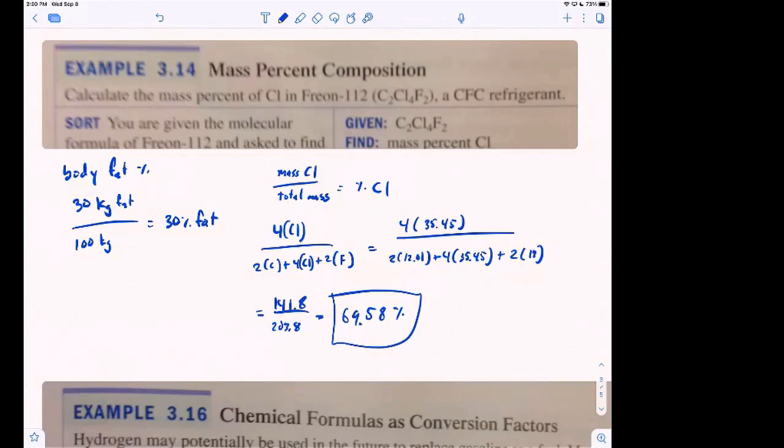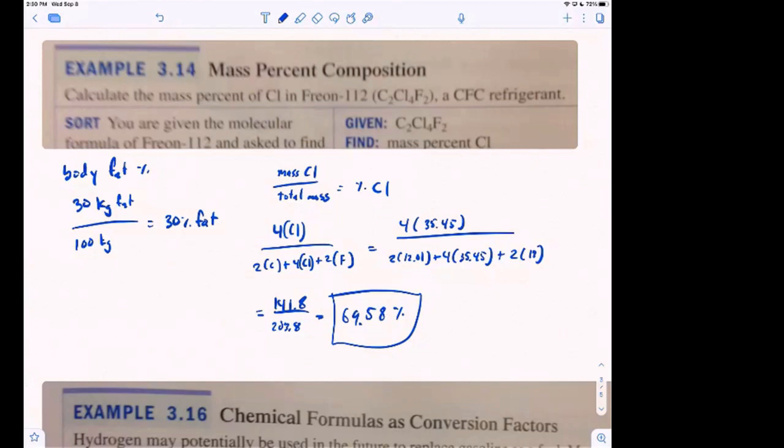The molecule has 4 chlorines, so that's the amount of chlorine, but the molecule also has 2 carbons, 4 chlorines as already mentioned, and 2 fluorines. Then you put in the atomic weights from the periodic table. You don't have to memorize them. You run the math and you get 0.6958 fraction, or 69.58%. So, questions with this one?